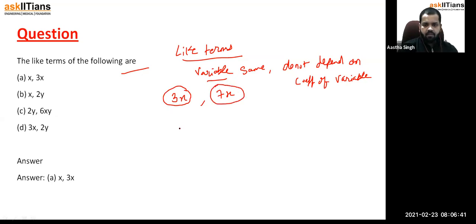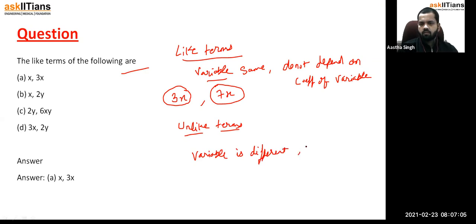What are unlike terms? Unlike terms are those which are not the same. What is not same? The variable is not same. So the variable is different. These also do not depend on your coefficients, right?